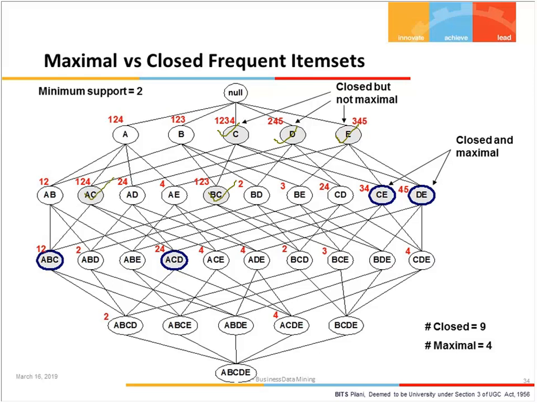AC is closed, and C is closed. D is also closed, ABC is closed, and ACD is closed. So 1, 2, 3, 4, 5, 6, 7, 9 closed frequent item sets, but only 4 maximal frequent item sets.